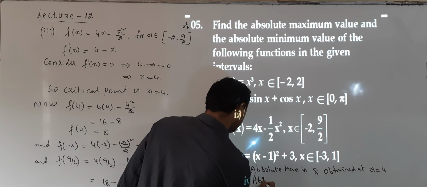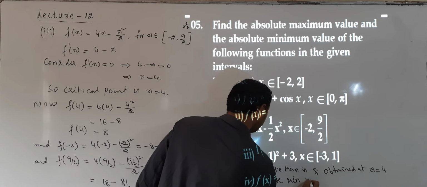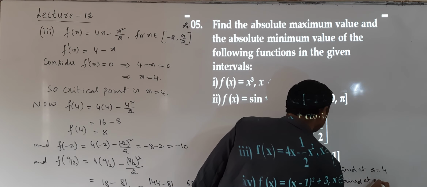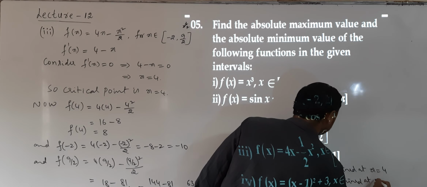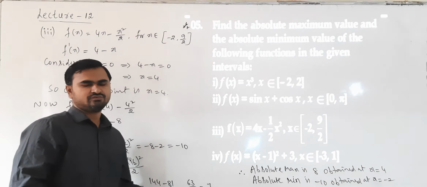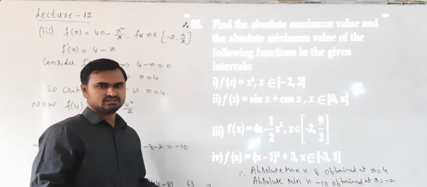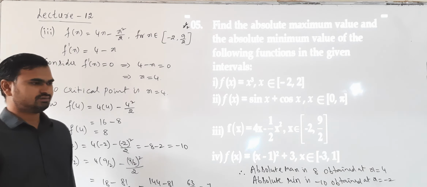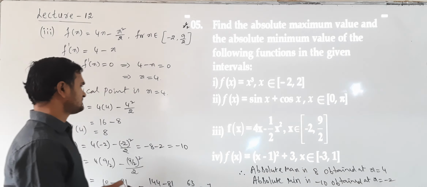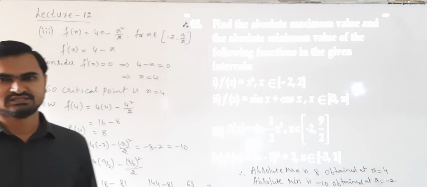Absolute minimum is minus 10, obtained at x equal to minus 2. Okay, exact value not needed. We need the highest value. So it is 7 point something, which is very close to 8 but not equal to 8. So 8 is the highest, minus 10 is the least. Okay, so this function has an absolute maximum of 8 and an absolute minimum of minus 10.